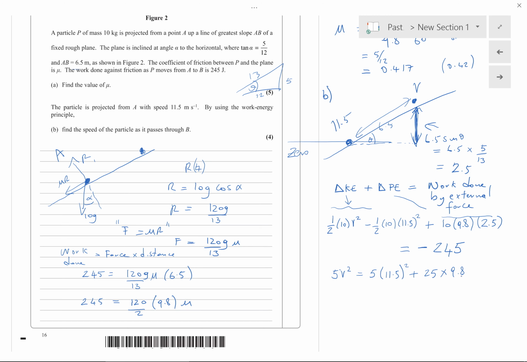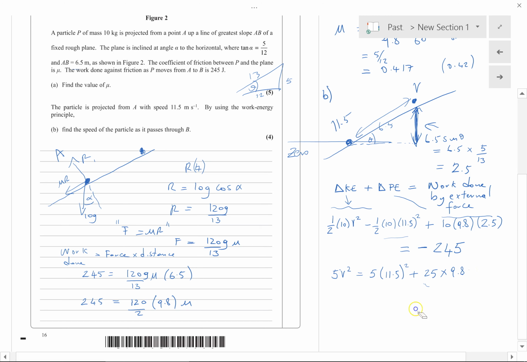Just be careful you don't get it wrong. But I think it's less likely to go wrong if you're just trying to do the simple things in your head before committing to a calculator. So it's 5V squared. This bit taken over, that's 5 times 11.5 squared, and then we've got 10 times 2.5, which is 25, times 9.8.